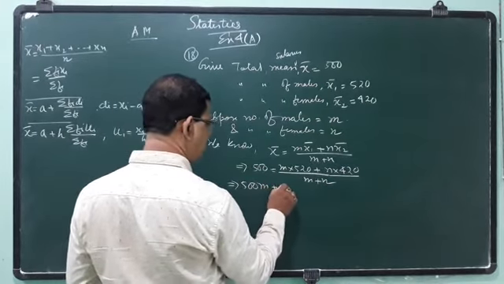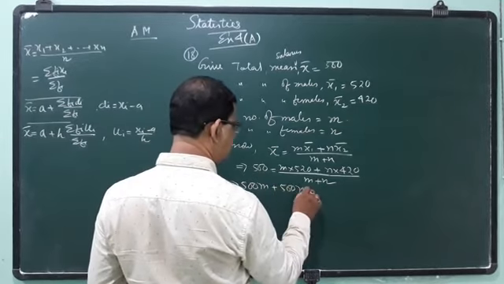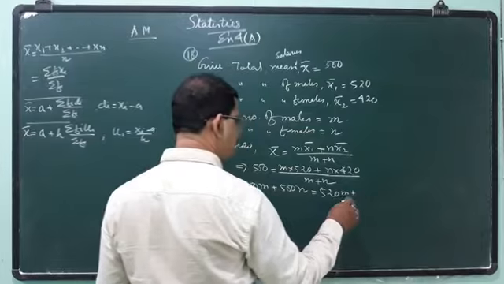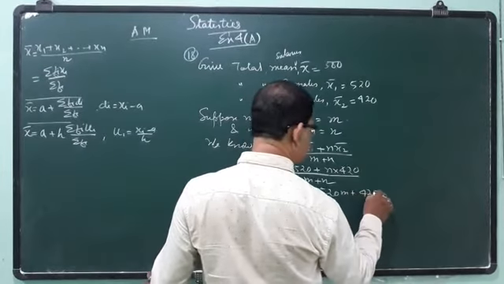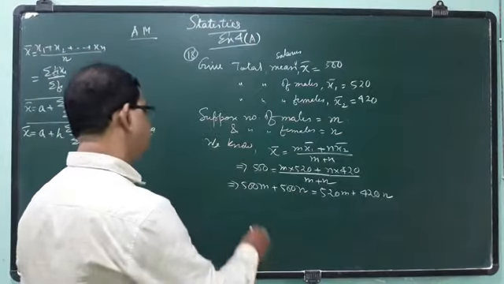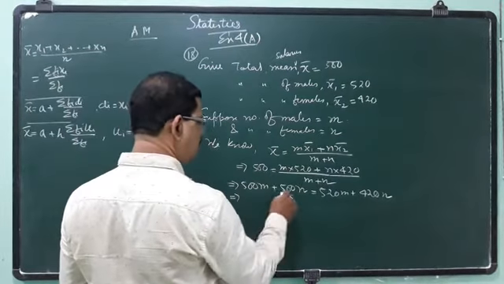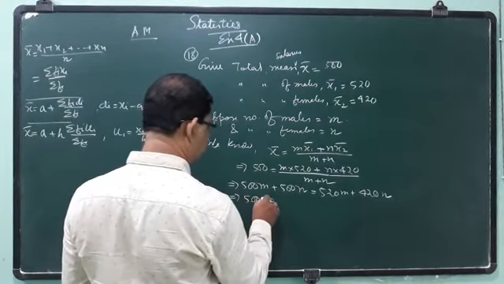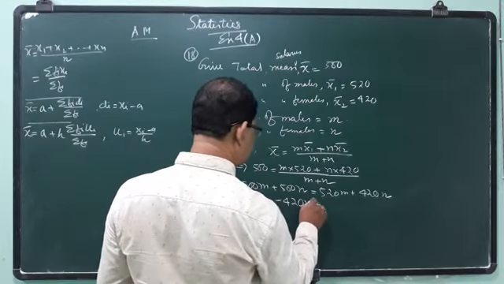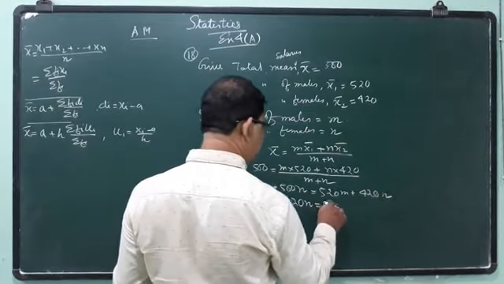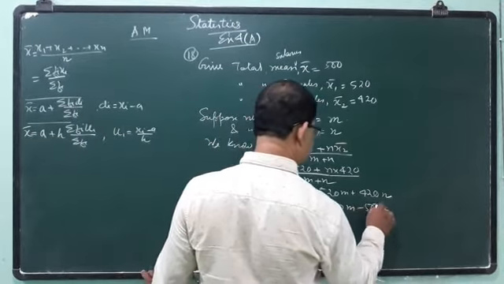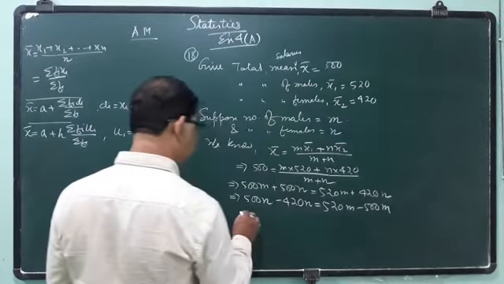500m plus 500n equals 520m plus 420n. Simple simplification we have done. Now 500n minus 420n, 520m minus 500m.